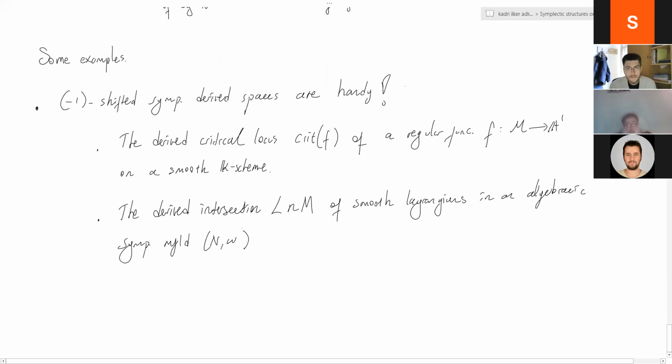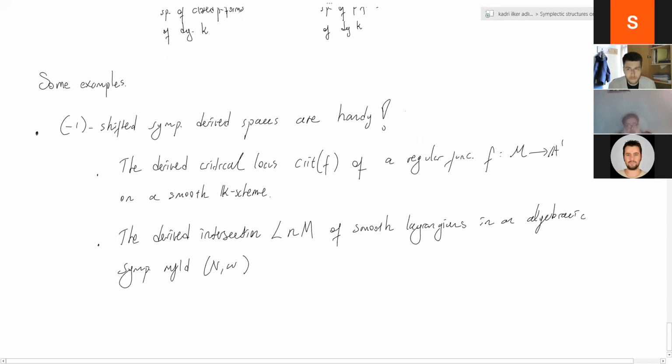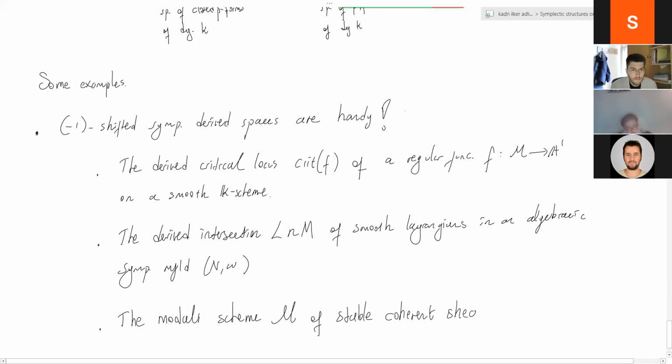Okay, so this space admits a -1 symplectic form. Another non-trivial example, if you are curious: the moduli scheme M of stable coherent sheaves on a Calabi-Yau threefold also admits the structure of a -1 shifted symplectic structure.